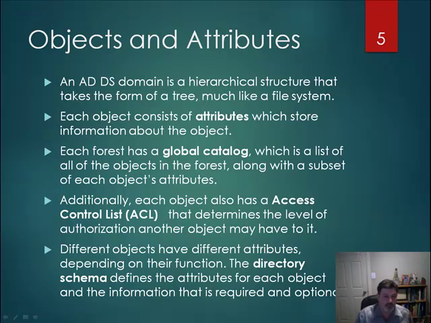For instance, first name, last name, middle initial, title, location, member groups that they're members of. These are all attributes that identify and categorize that user. So every object has a different set of attributes that can be applied to it.